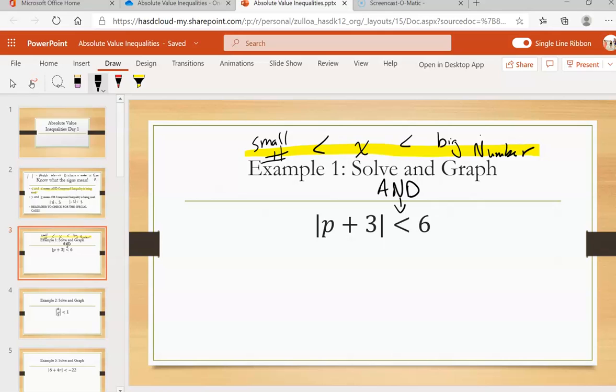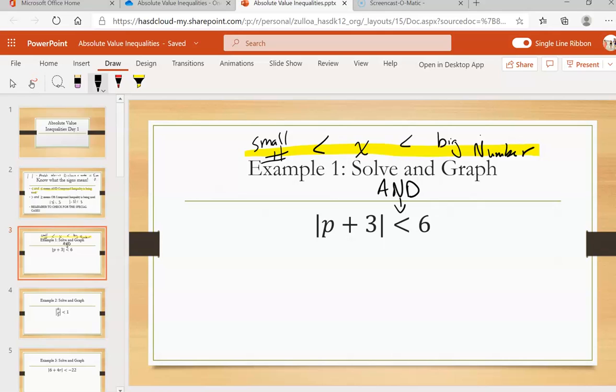So we're going to have to deal with this in a certain way, okay? First of all, what you're going to do is write the inequality exactly the way that you see it without the absolute value, okay? So first you determine whether it's an "and" problem or an "or" problem.